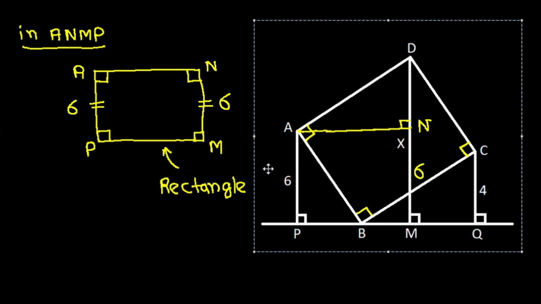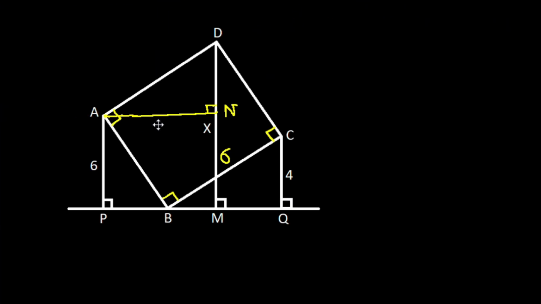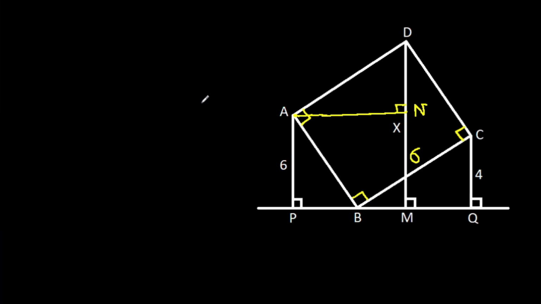And now suppose this angle is alpha, then this angle is 90 degrees. So this angle will be 90 degrees minus alpha. Suppose it is beta. This angle is beta.